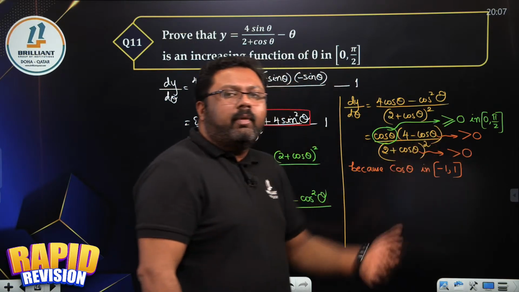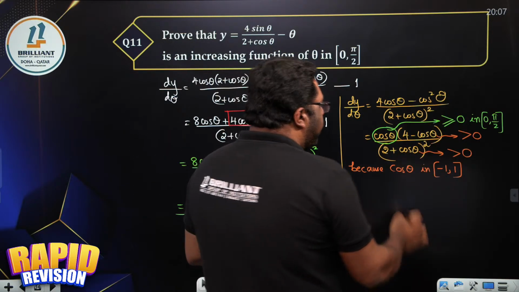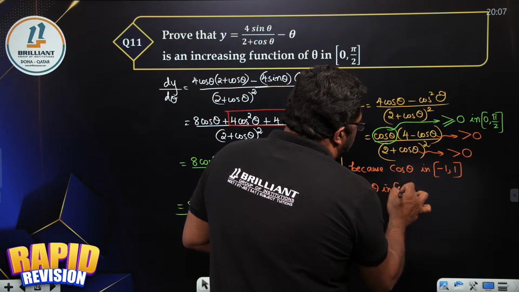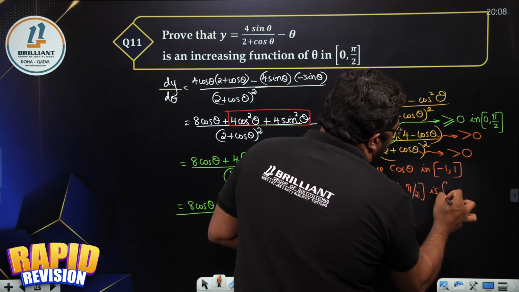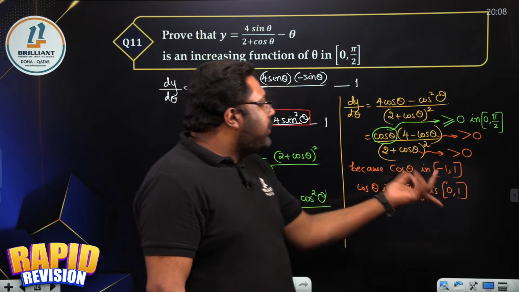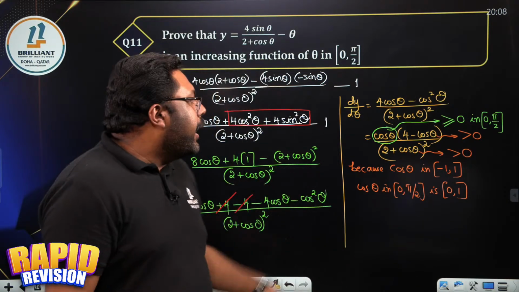And here I don't have to even think about the negative sign, because in the first quadrant, 0 to pi by 2, cos theta is 0 to 1. It's always positive, and these positive numbers are not going to make any of those terms 0 other than cos theta.